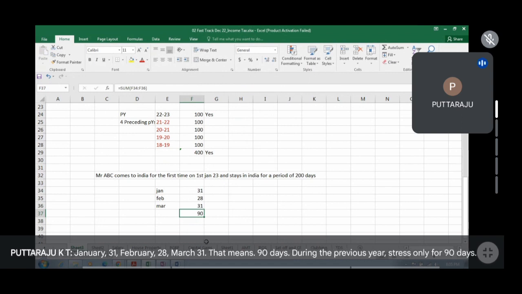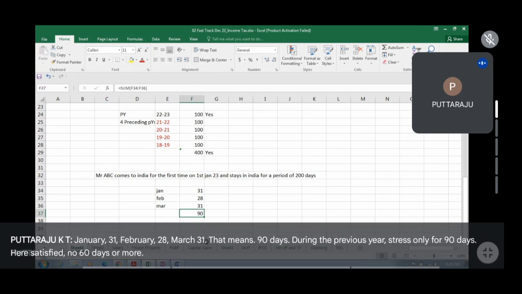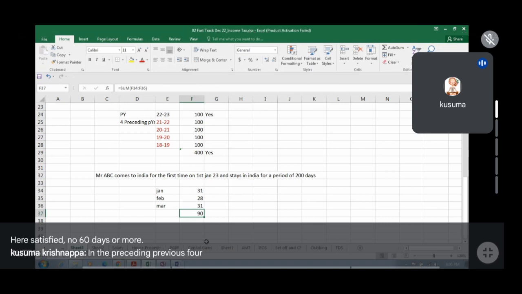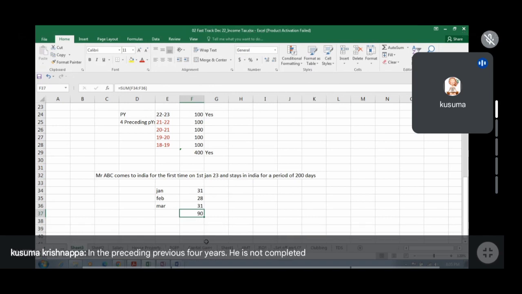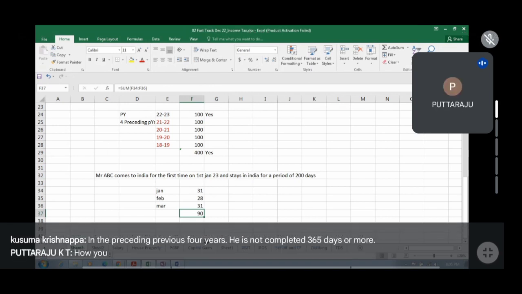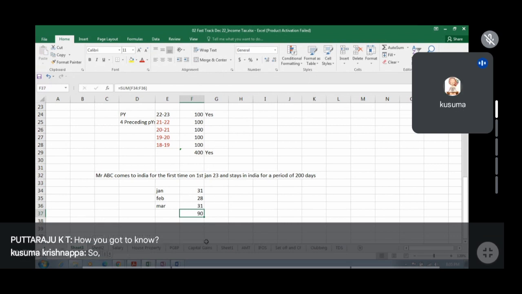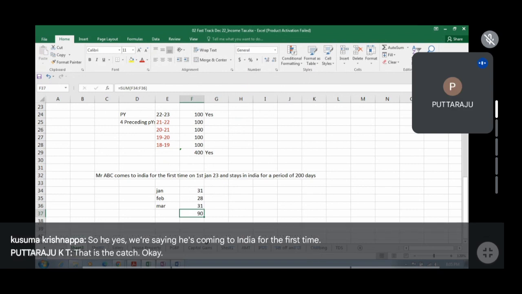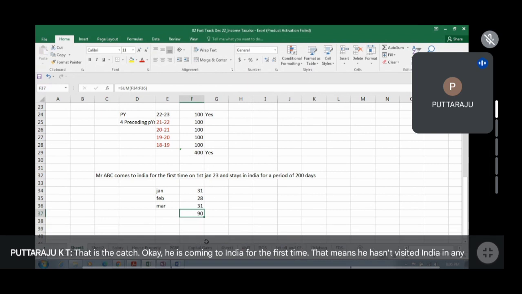He has satisfied the 60 days or more. In the 4 preceding previous years, he has not completed 365 days or more. How do you know? We are saying he is coming to India for the first time. That is the catch. That means he hasn't visited India in any of the previous years.